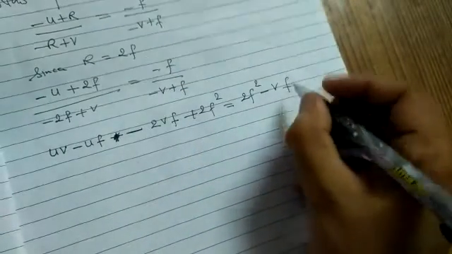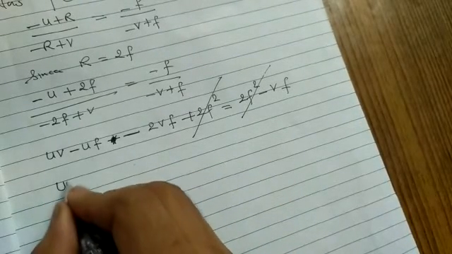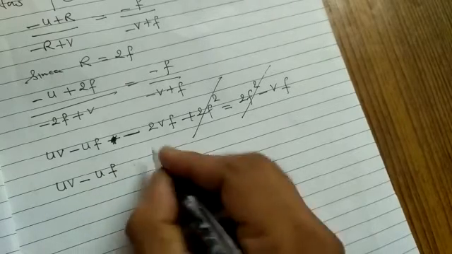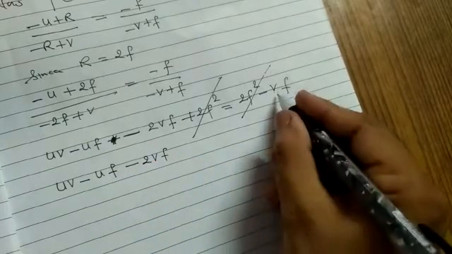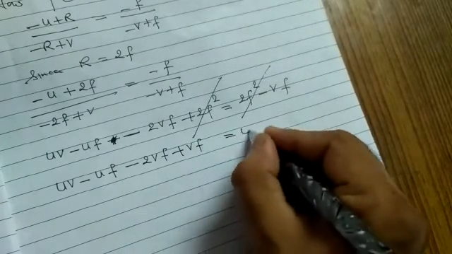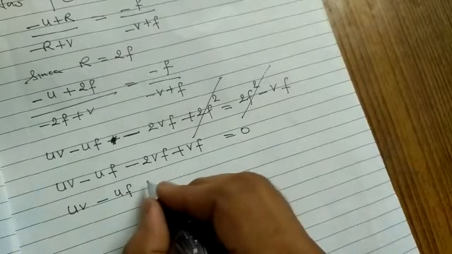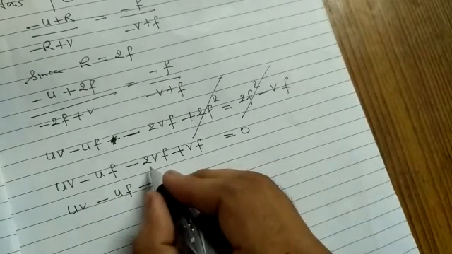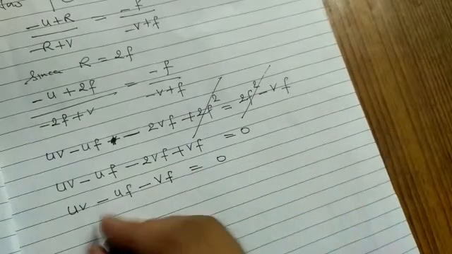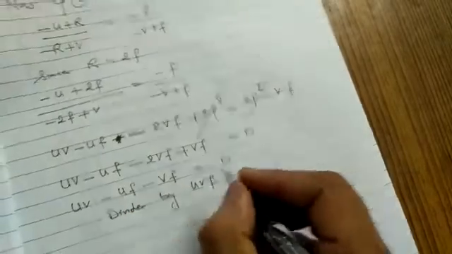So 2F square cancels by 2F square, the rest is UV minus UF minus 2VF, and this side it becomes positive VF equal to 0. So UV minus UF minus 2VF plus VF, we get VF only, equal to 0. Divide by UVF.